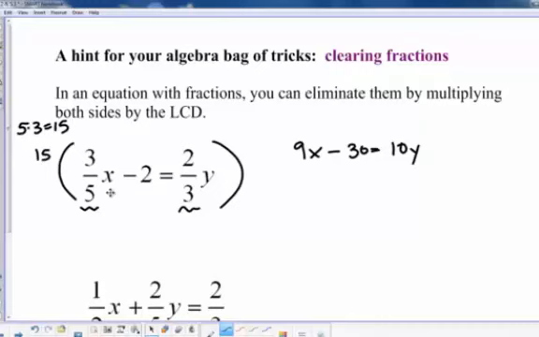And then if we rewrite it so the y is on the left, it'll even be that much better, because it's even closer to y equals mx plus b. And if we wanted a true y equals mx plus b, we could divide by 10.